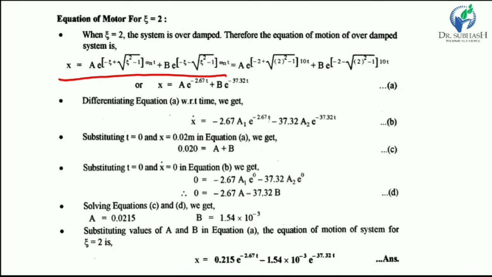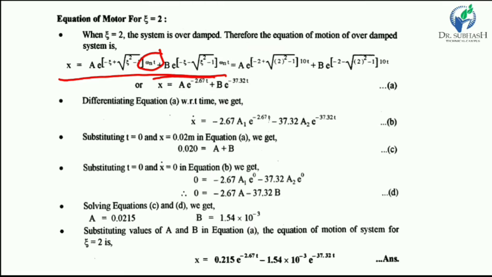We write x is equal to A e raised to the power of bracket minus zeta plus square root of zeta square minus 1, bracket complete, omega n into t, plus B e raised to the power of bracket minus zeta minus square root of zeta square minus 1, into omega n into t.